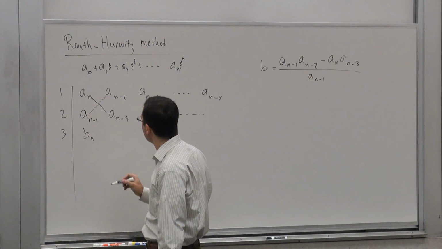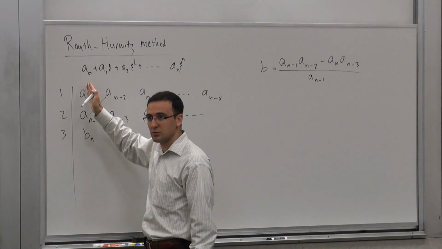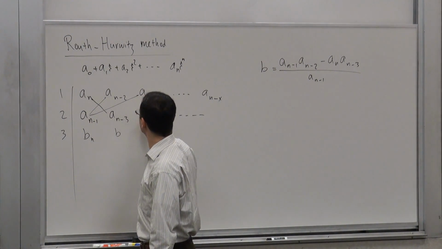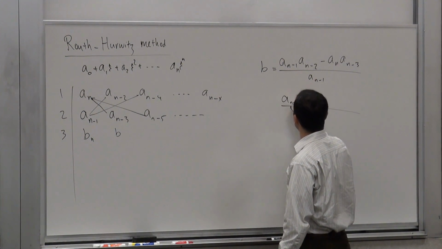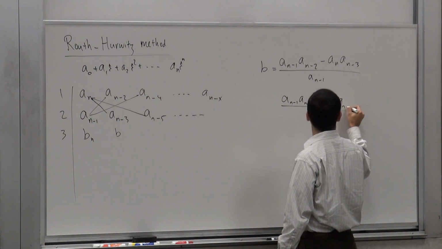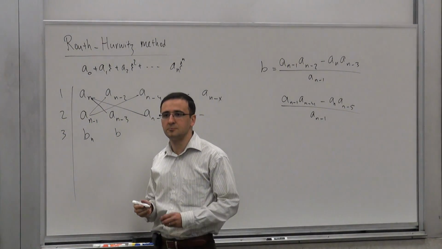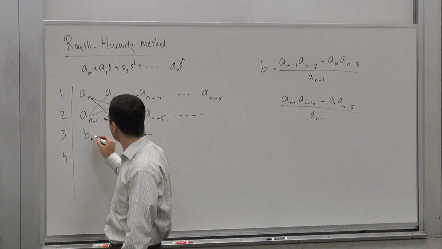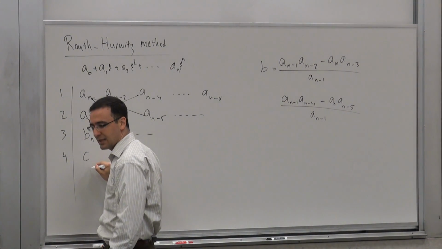You always use the first column. The next one would be an minus 1 times an minus 4 minus an times an minus 5, divided by an minus 1. So you get another set of coefficients, and then you do the same thing on the next rows, and you go down. You get C's and D's, and so on.